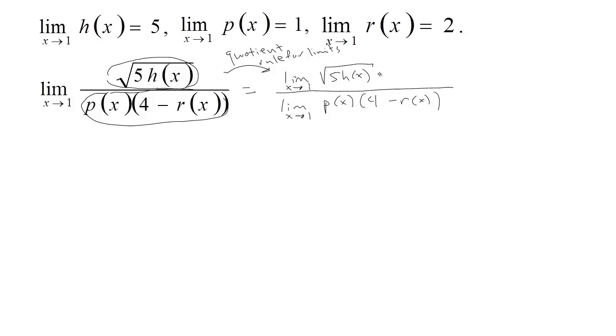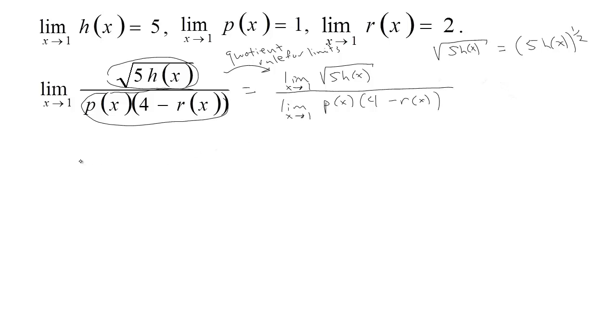Next thing you might notice is that the square root of 5 times h of x is the same thing as 5 times h of x to the 1/2. And so if you're taking the limit of some power, some rational power like 1/2, then you know the limit could go inside.